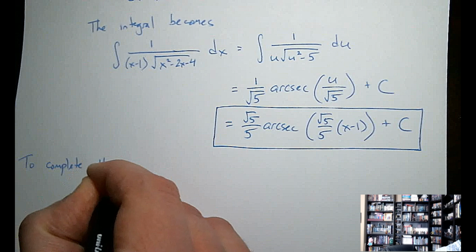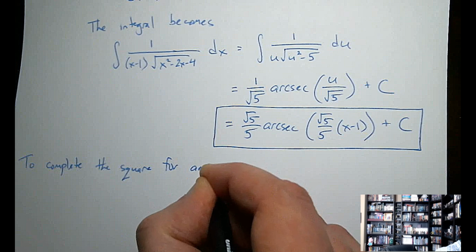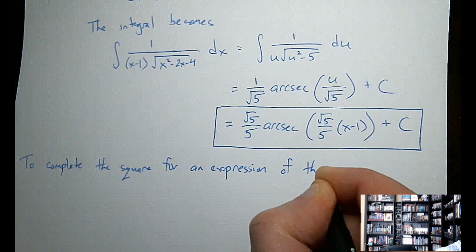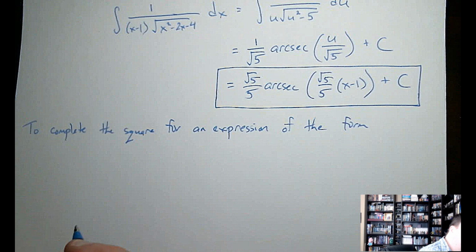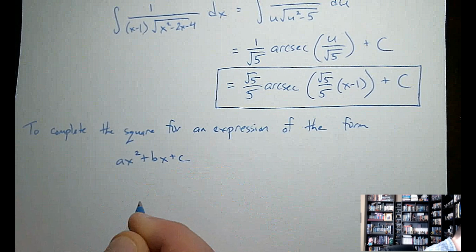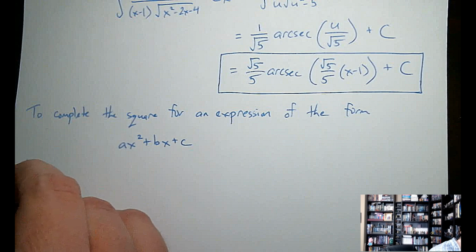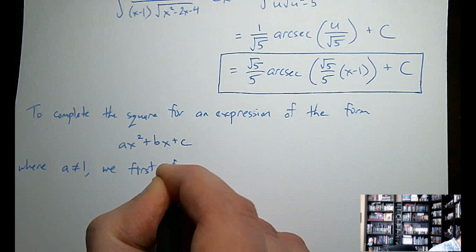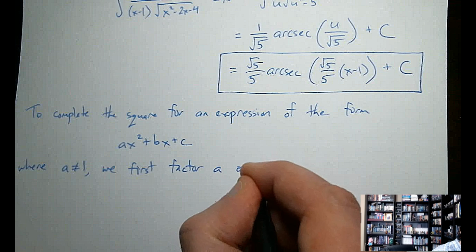So to complete the square for an expression of the form ax squared plus bx plus c, where a in this case, we want that to be a constant other than 1, we first factor that constant a out of the entire trinomial.